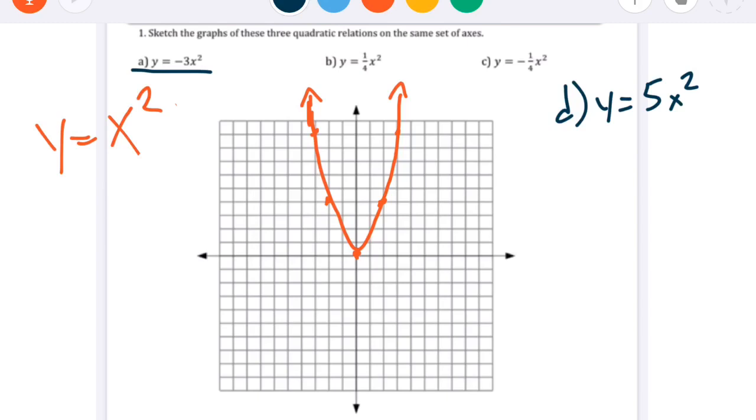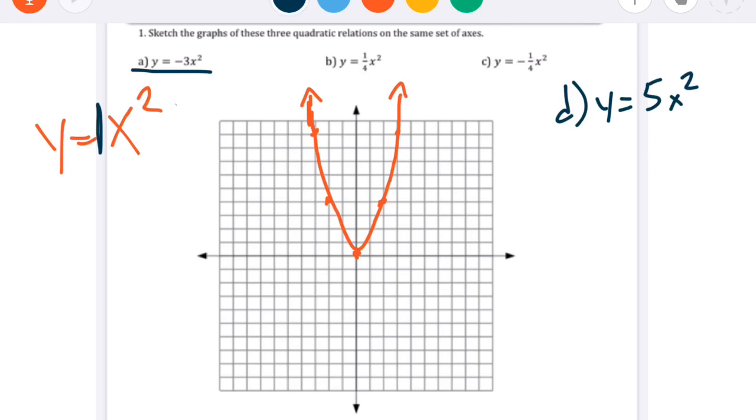Well, you know that the parent function has a slope of 1. So negative 3, it is negative, but 3, if you think about if you were to graph a slope of 3 on a graph, you would go up 3 and over 1. So that should be a lot more steep than if you were to just go up 1 and over 1.